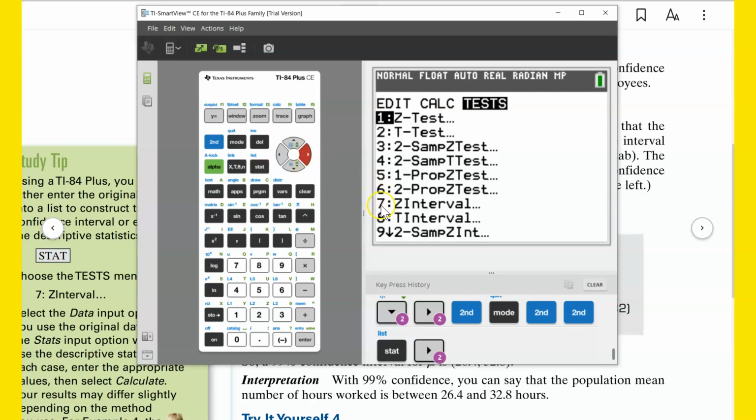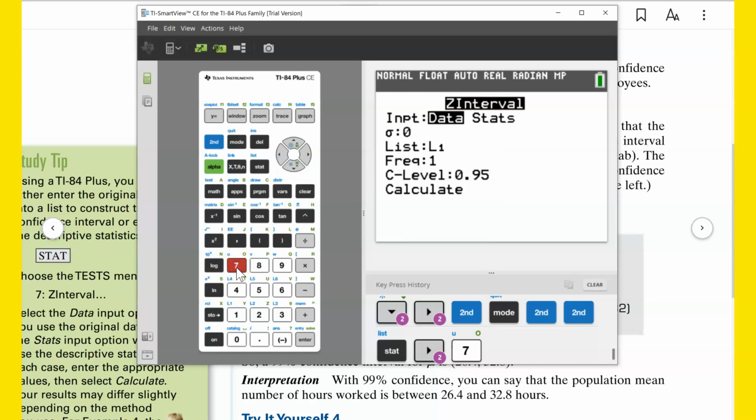We're going to choose option 7, Z interval. You use Z interval when the population standard deviation is known. So everything in 6.1 is going to use the Z interval. Option 8, the T interval, is for 6.2 when the population standard deviation is unknown. So for now, we are using the Z interval, option 7.